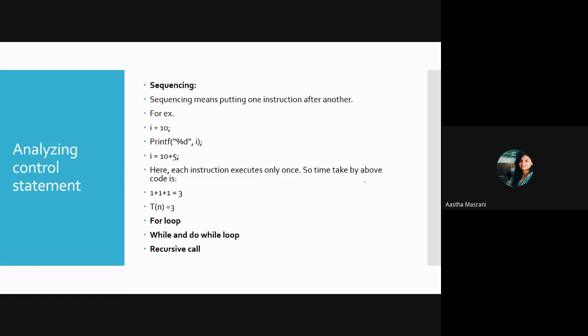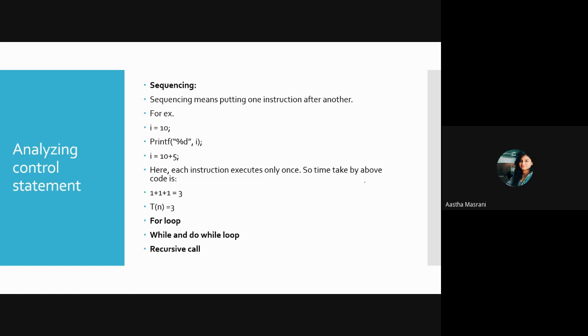So when it is sequential code and we don't have any looping statement, each and every line will take 1 unit of time, and it will be a function of n. Analyzing control statements, meaning analyzing the algorithm, will give you a quadratic equation in a function of n.